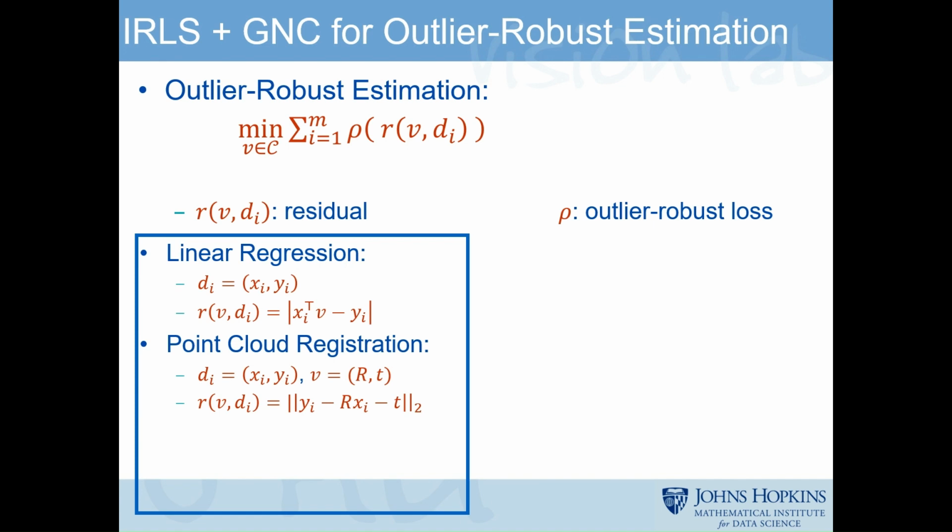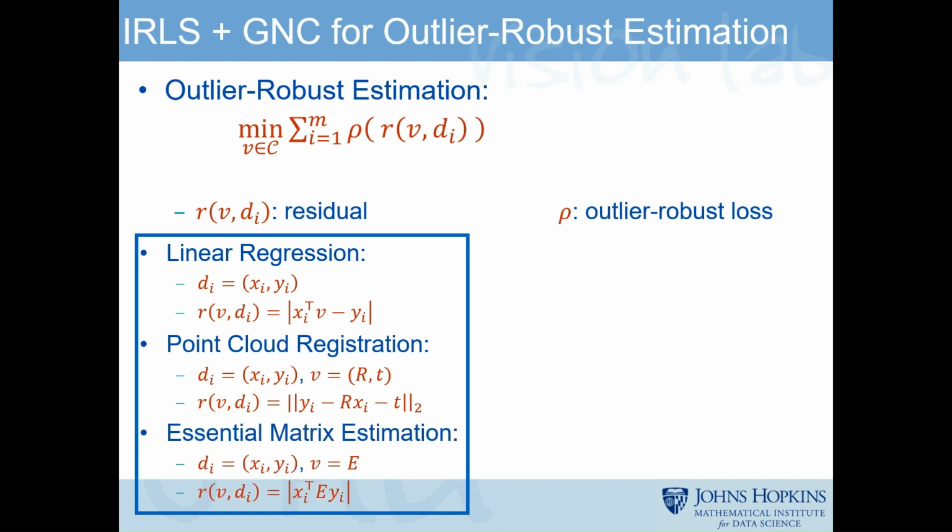Here I'm abusing the notation, and your variable v is going to be a rotation R and a translation t. In this case, your residual is the Euclidean distance between one point yi and the transformed version of the other point xi, transformed by rotation and translation.